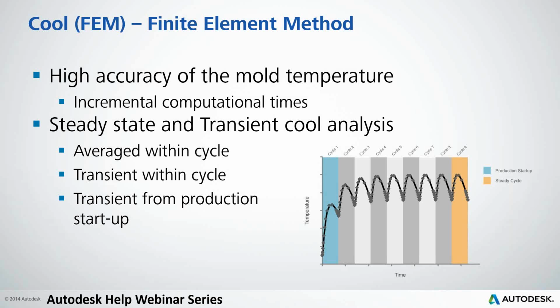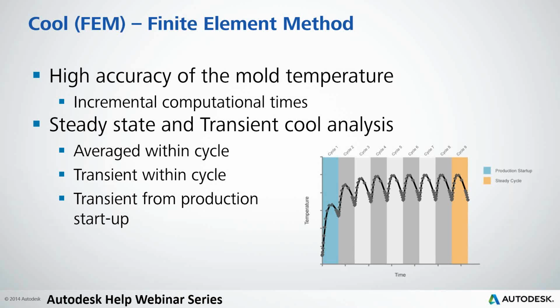Transient within the cycle: in this case, we will simulate the evolution of the temperatures through the cycle, through these three different steps. And if we are starting from a stopped machine and we want to know how many cycles I need to invest to reach the steady cycle regime, I could also let Moldflow calculate this process.